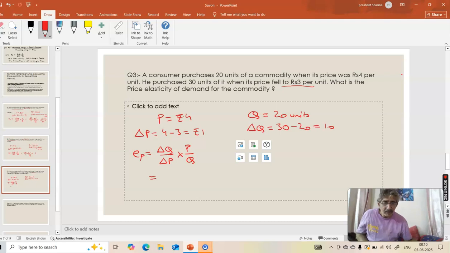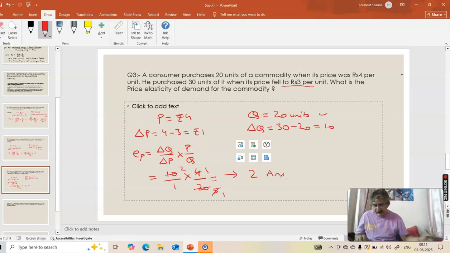Change in quantity is 10, change in price is rupee 1, original price is 4, and original quantity is 20. So 4 fives are 20, 5 twos are 10, and we get the answer 2. 2 is the price elasticity in this case.